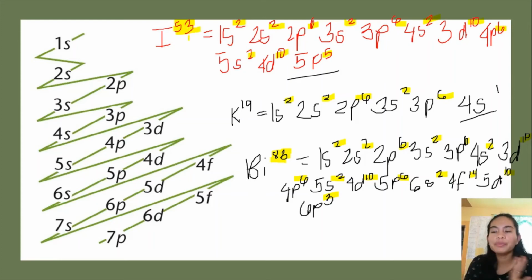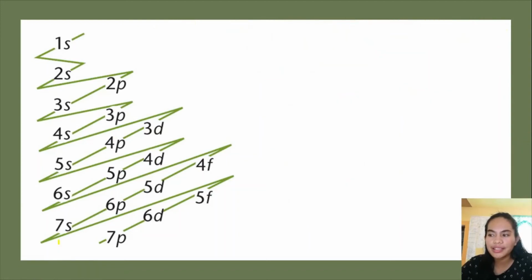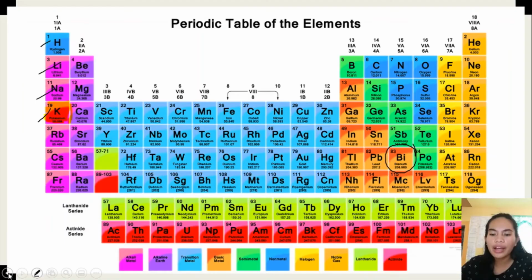So instead of putting all this 1s2, 2s2, 2p6, instead of putting all of this, we're just going to use your reference, which is your noble gases.